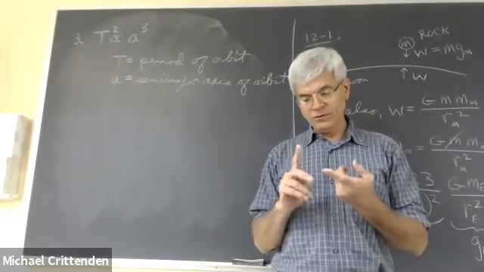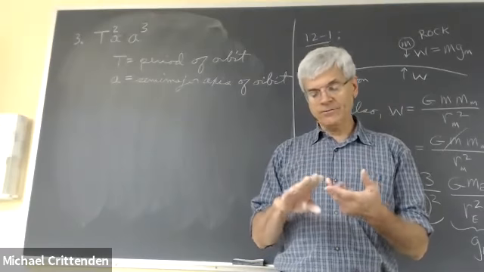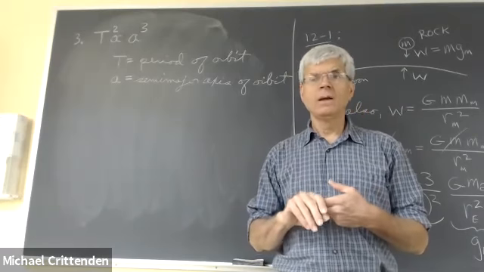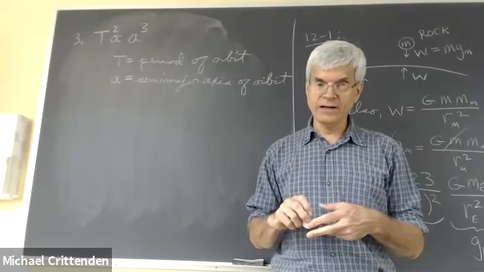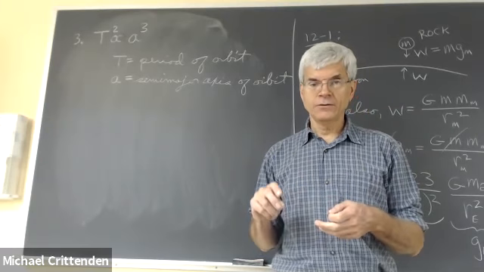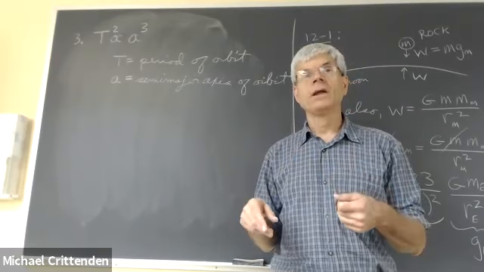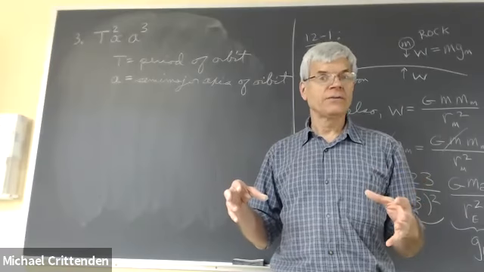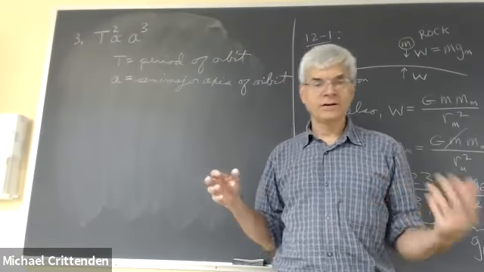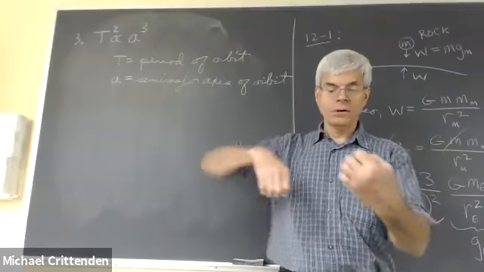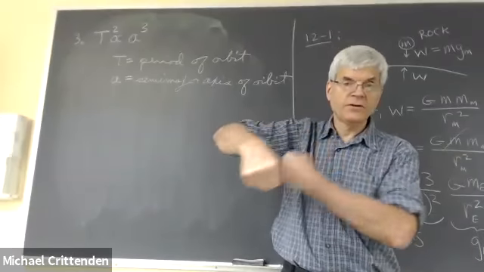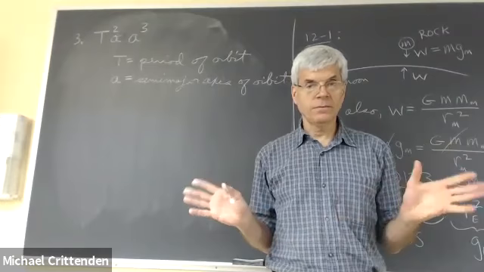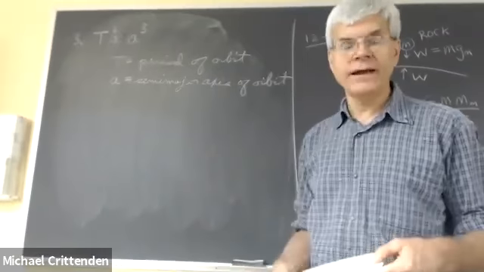So Newton was able to explain it all, and in the process, he was also able to generalize it, because Kepler's laws, as originally stated by Kepler, applied strictly to bodies orbiting the sun. When Newton got through with them, anytime you've got two bodies, whether it's the Earth orbiting the sun, the moon orbiting the Earth, or a binary star system where the two stars are going around each other, he generalized it to cover all of that.